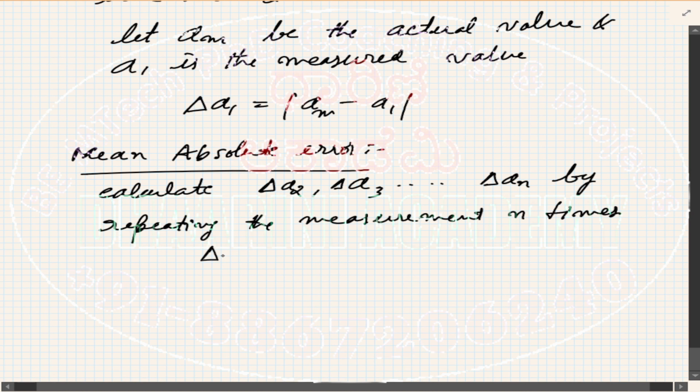That means the magnitude of delta A2 is AM minus A2. A2 is the measurement you did for the second time, and AM is the actual measurement. So keep calculating this difference.